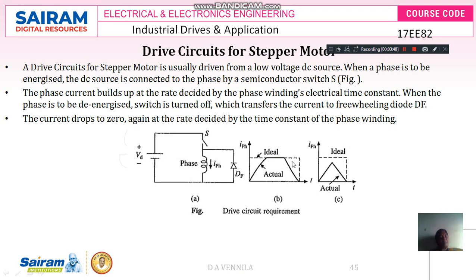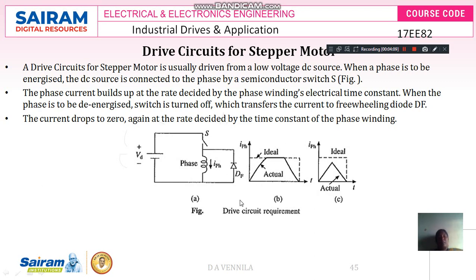For high power applications we need this kind of characteristic. The current buildup should be very fast when the switch is closed, and the current decay should be very fast when the switch is open. This is very important for stepper motor drive circuits.